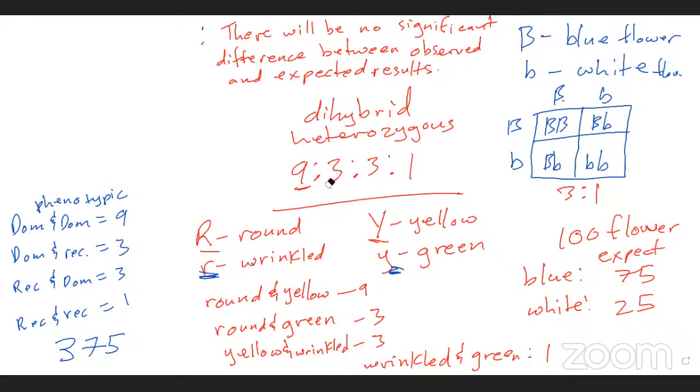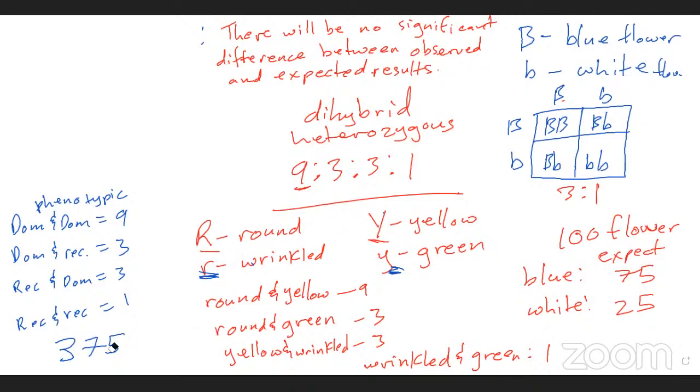To save time on the exam, the two dominant traits will be 9, in our example round and yellow pea plant. Dominant with recessive, meaning round and green, yellow and wrinkled, will be 3 and 3. And recessive with recessive will be 1. That is how the ratio works, so you won't need to count up your table.